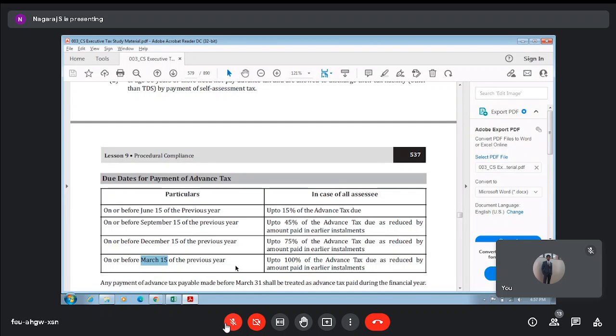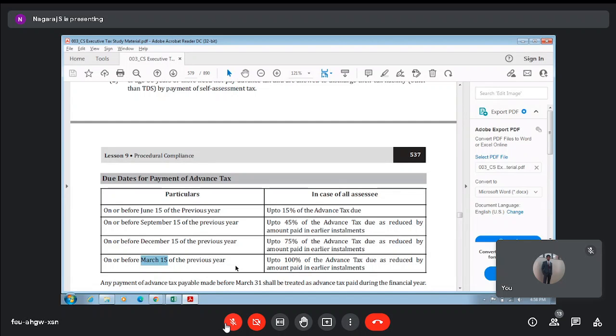Second instance, you have taken a lottery or you went to the race course, you put a bet on some horse for 10,000 rupees, and you got 10 crores winning amount. You will have to pay advance tax of 30% of that, 3 crores, before 31st March.